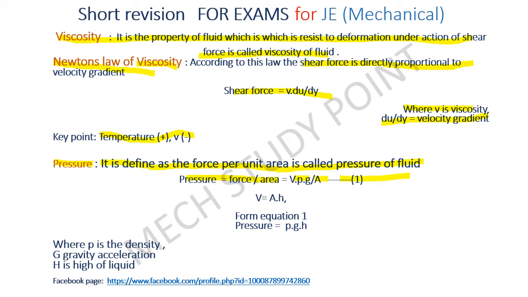V is equal to A into h, where A is the area of the container and h is the height. So from equation first, we get the formula for the pressure, rho g h, where rho is the density, g is the gravitational acceleration, and h is the height of the liquid.